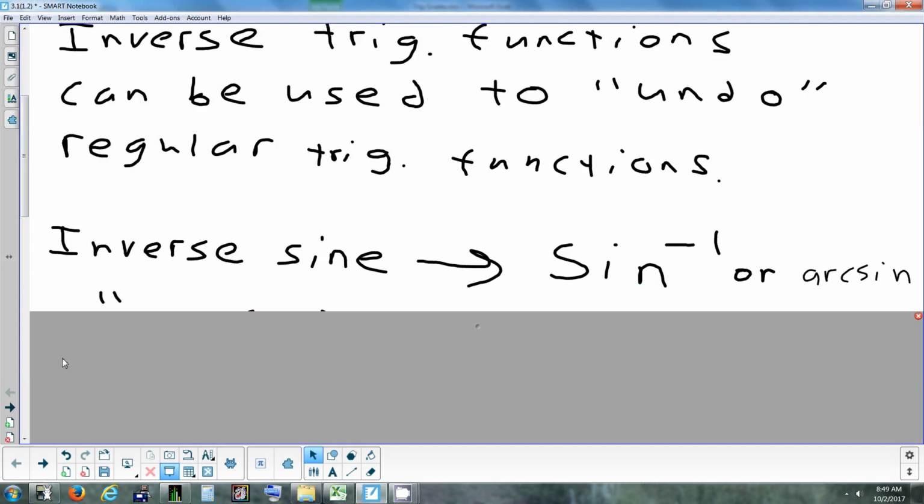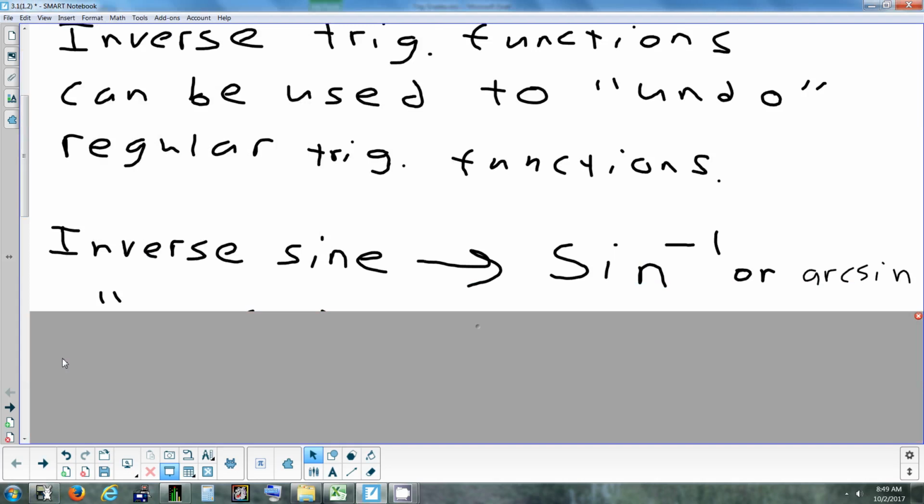That -1 is not an exponent. Okay, what's a little confusing about that is the place where you would put an exponent. And in fact, if you put any other number there other than a -1, it is an exponent. But when you put a -1, it's just a symbol that means inverse sine. Okay, it's not an exponent.